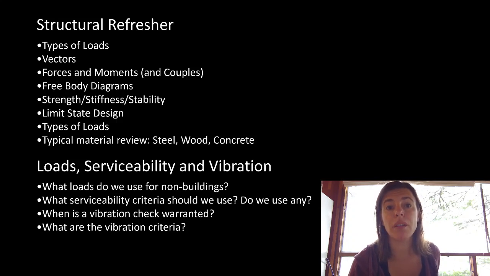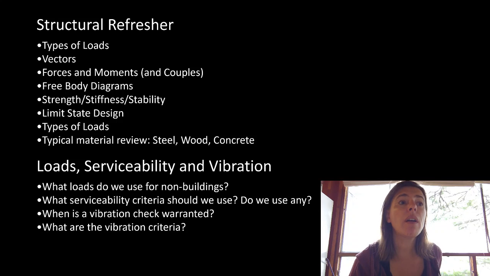We'll brush on aluminum a little bit. We have a whole lecture just about glass, so talking about the limitations of glass. And sometimes other materials come into play. But steel for a lot of these, with touches of wood and concrete, and then probably aluminum, are going to be the majority of the things we talk about.